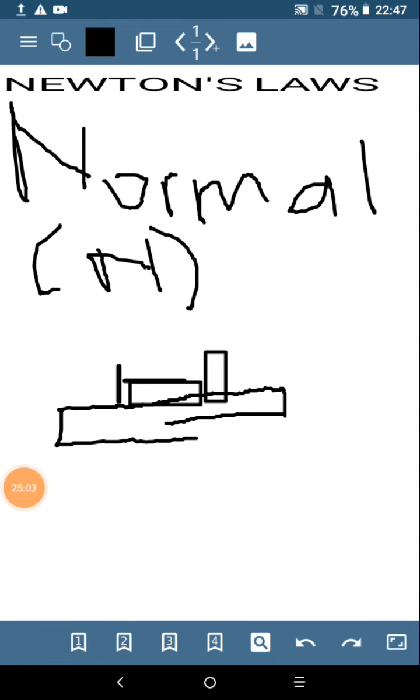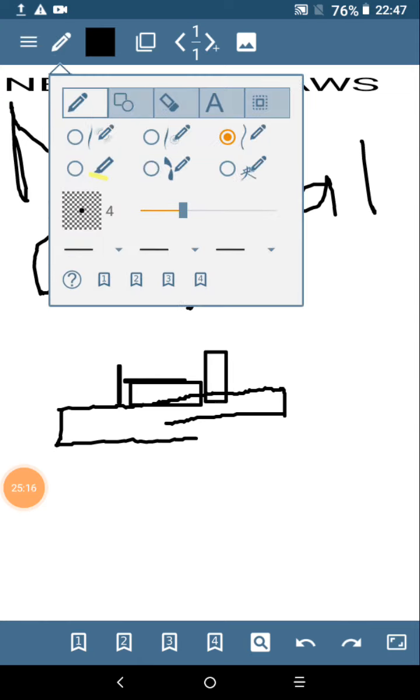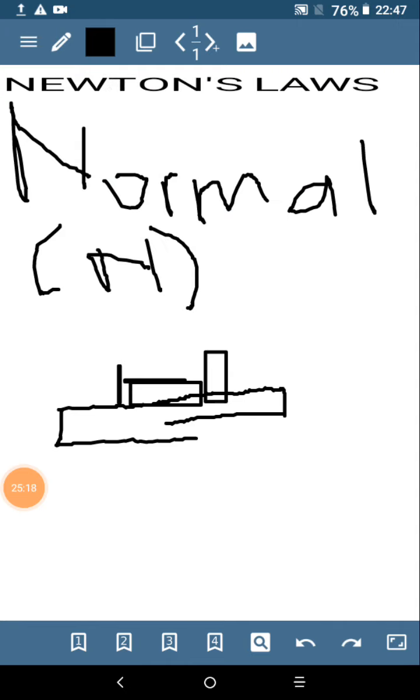So we are saying the normal force is a force exerted by the surface with which an object is in contact. So in this case, guys, the normal force is exerted by the surface of this table. So we are saying it acts perpendicular to the object.